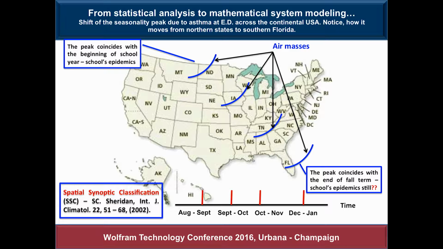So typically in the northern side of the United States, in the period of August, September, they're producing a high peak at emergency departments, and sometimes people call that the school epidemic peak. But then the same peak is moving south, and by the time of January and February, that peak of emergency department visits due to asthma is reaching South Florida.